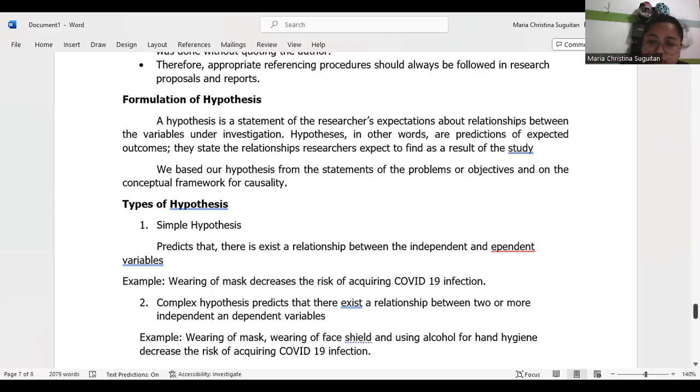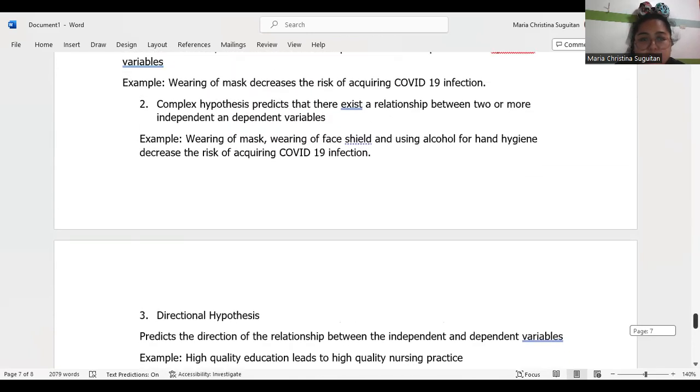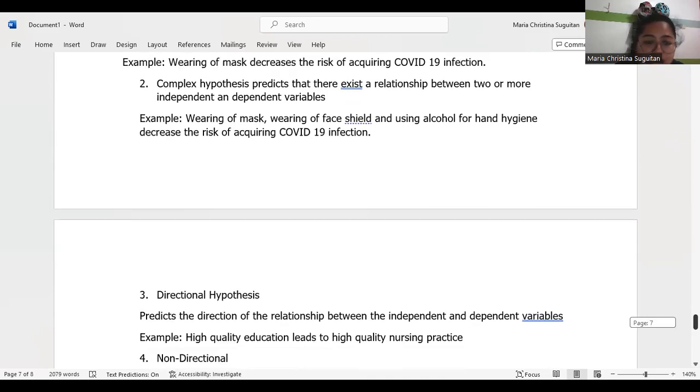And then we have directional hypothesis, okay? Predicts the direction. Kanina, ang pinag-usapan natin is predicts that there exists a relationship. Pero ito naman, kaya nga from the directional hypothesis, direct.